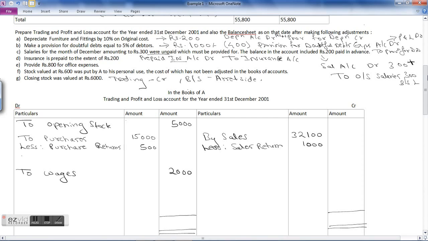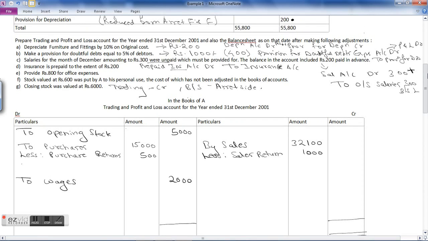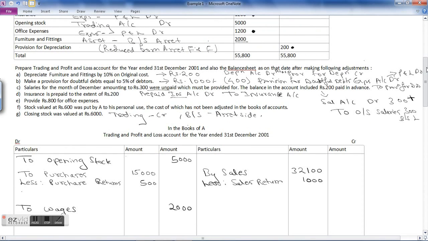then the next one, provide rupees 800 for office expenses. Provide rupees 800 for office expenses, in the sense that your office expenses amount is 1200. There is some additional 800 of office expenses which is not accounted for, so you need to provide that office expense. So the entry will be office expense account debit to outstanding office expenses.